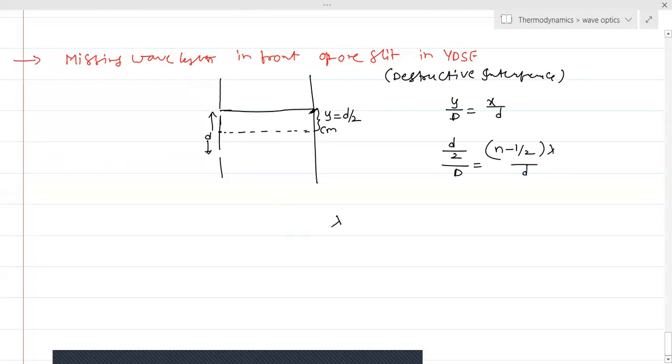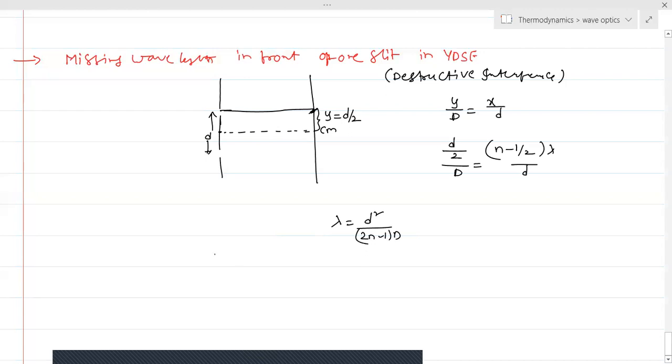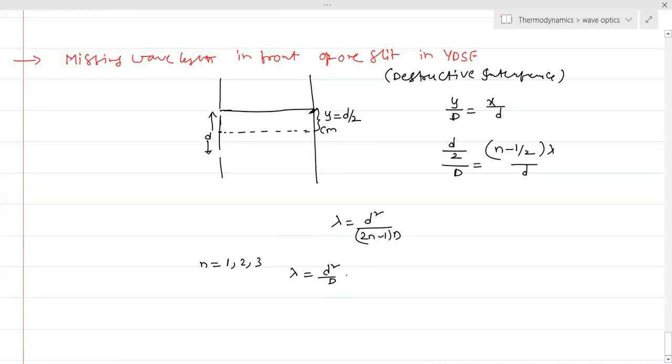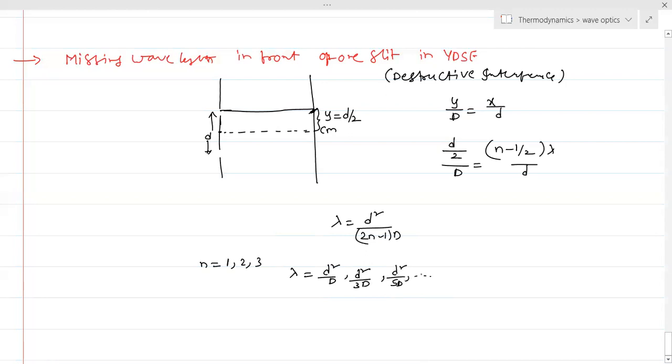Or we get lambda equivalent to d square by (2n minus 1) into capital D. So the possible missing wavelengths, by substituting n equal to 1, 2, 3, are d square by D, d square by 3D, and d square by 5D, and so on.